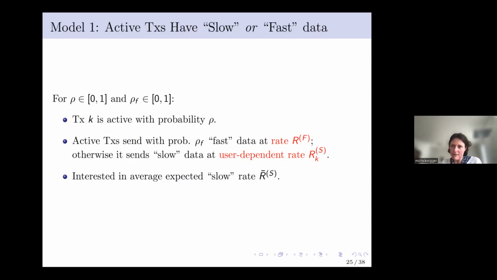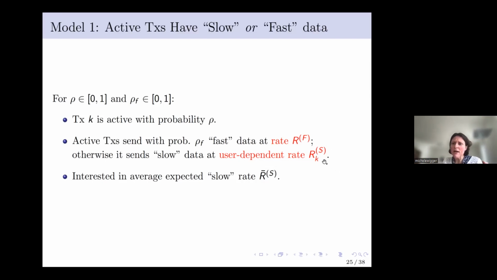We'll also make a bit different assumption on the rates. We assume that once you get a fast packet, it has a certain number of bits, so a certain rate. So the rate of the fast messages is really fixed. We need R_F, and if we get a fast message, it has to go through, because otherwise it's an error. And since we are talking about capacity, we need the probability of error tending to 0.